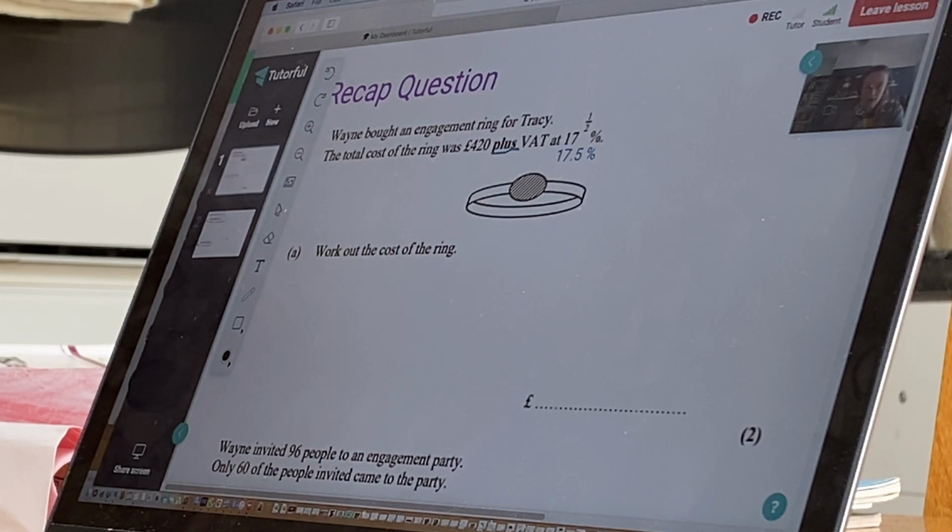Not quite. We need to find 17.5% of 420 and then add it on. Or we could do this the multiplier way, which we've been doing the last couple of weeks. I'll do it both ways though, so you can see. And you have a go at it as well.